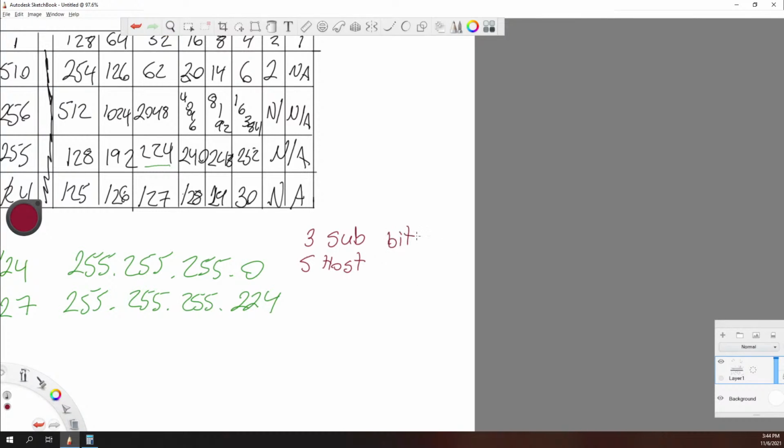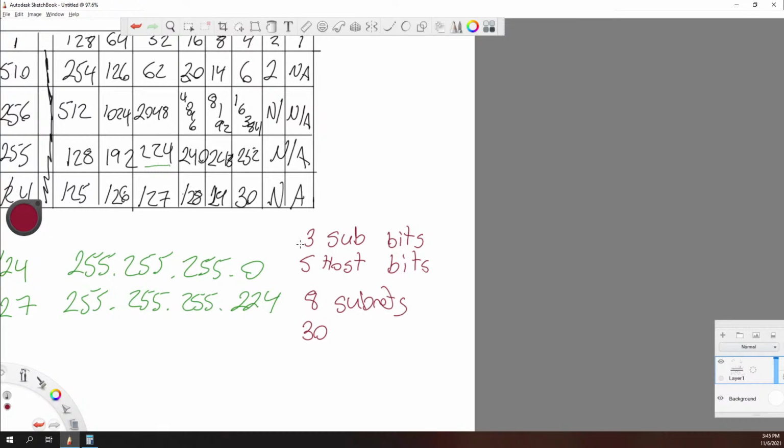Subnet bits. Okay. And like I said, we know that we have 8 subnets, and we know we have 30 usable addresses.